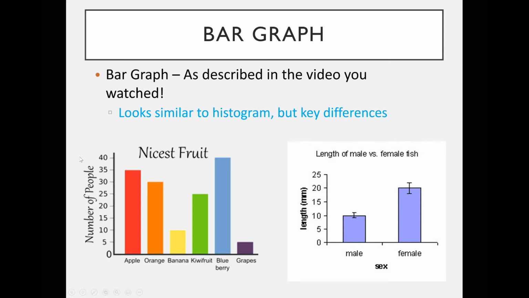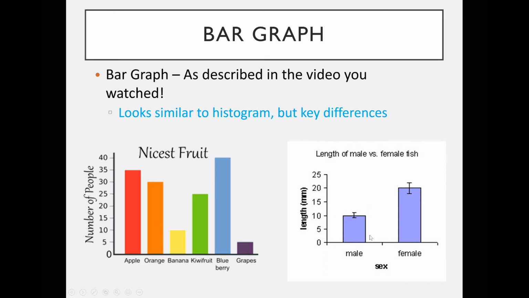So sometimes we use bar graphs in this way, but often we use bar graphs to summarize data in terms of averages, or to compare averages from different groups. So we see this on the right-hand side. This bar graph is showing us the length of male versus female fish.